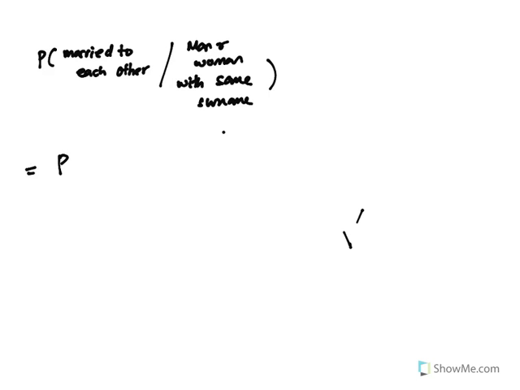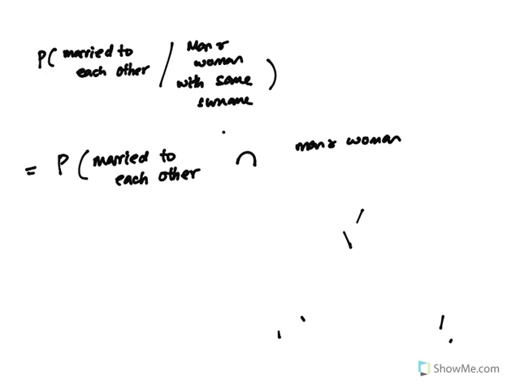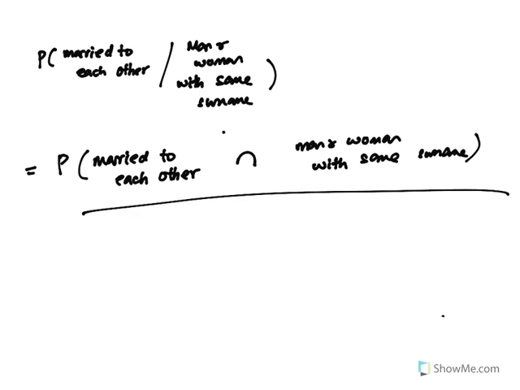This is the same as the probability of being married to each other, intersecting with the fact that they are a man and woman with the same surname. What does it mean? It means we are really just choosing a couple. And the denominator is the probability of a man and woman with the same surname.